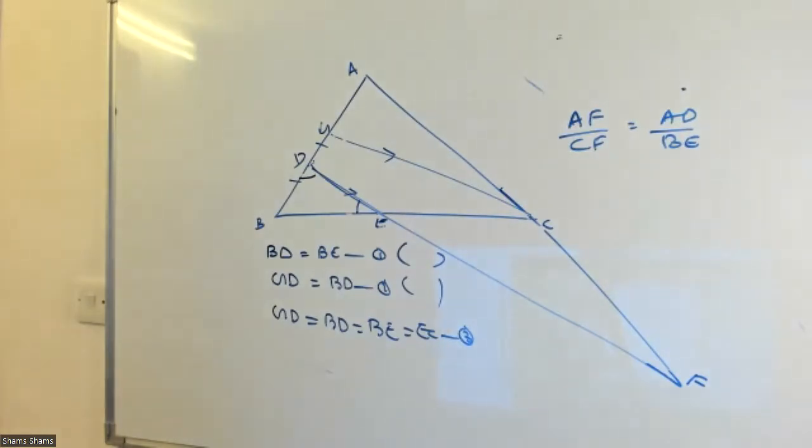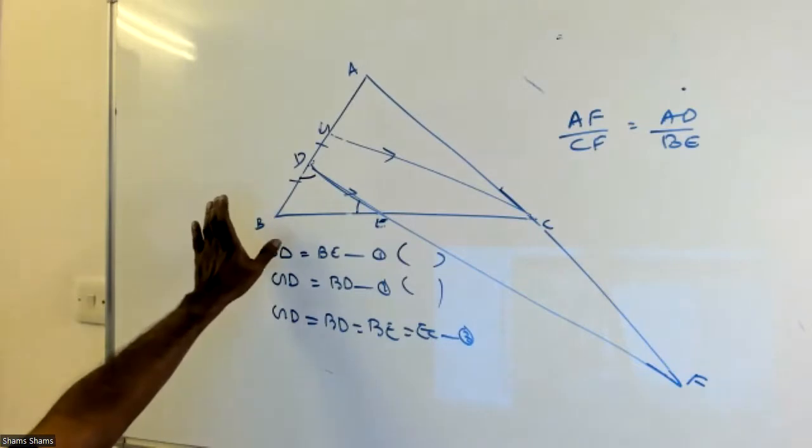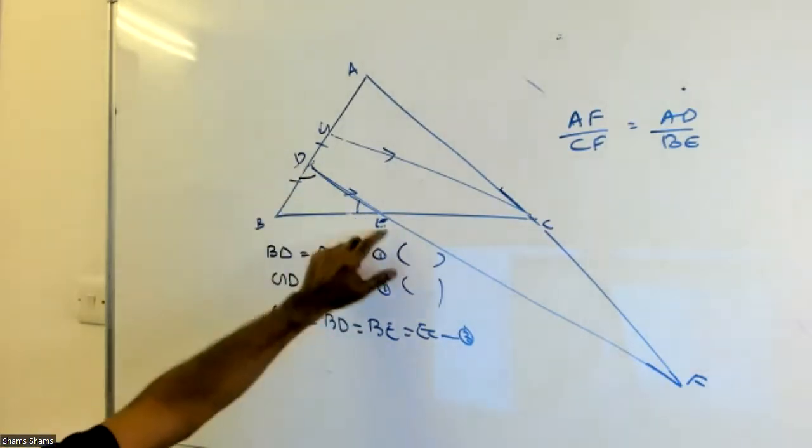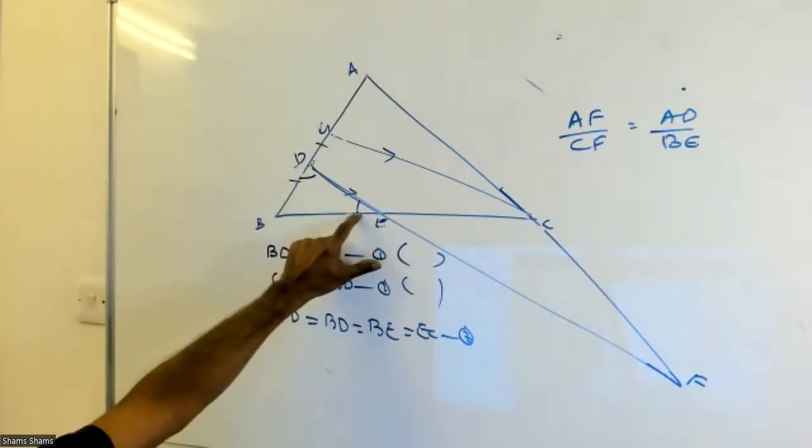So listen. Once again, I'll explain what I did. First, through C, draw a line parallel to DF, which intersects AB at G. That is the construction. Then in triangle BDE, angles D and E are equal.